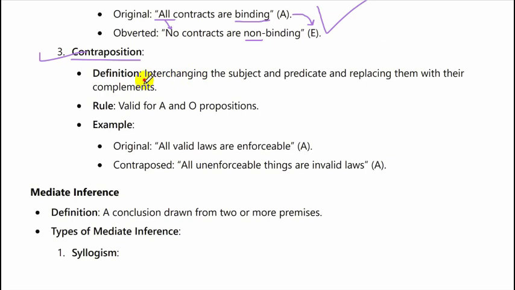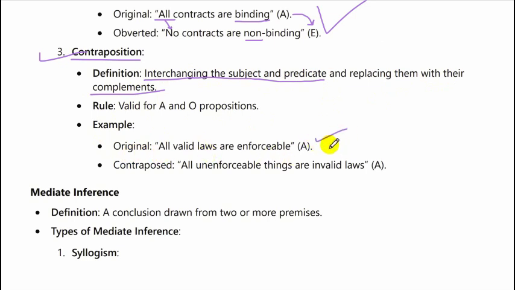Here in contraposition we have to interchange the subject and the predicate and replace them with their complements. This is valid for A and O proposition only. Example, original statement or proposition is all valid laws are enforceable.